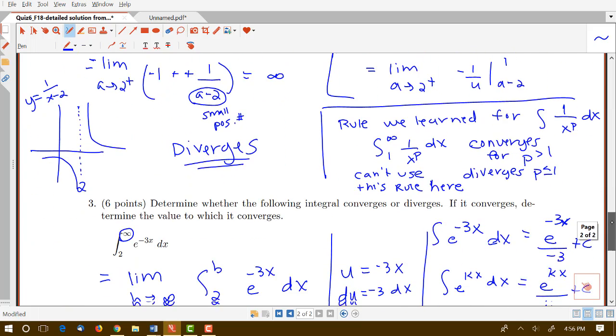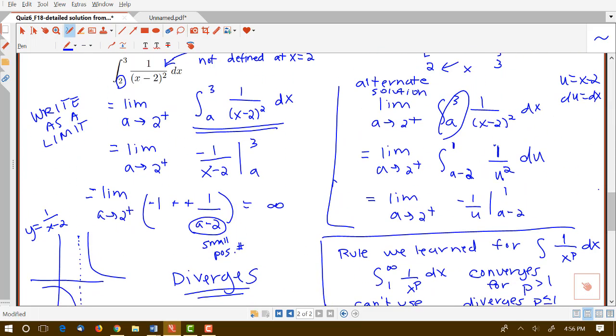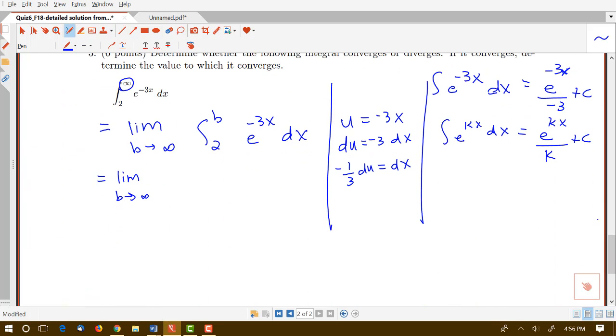All I changed was the bounds themselves. So this will now be an integral from negative 6 to negative 3b, changing to u limits.